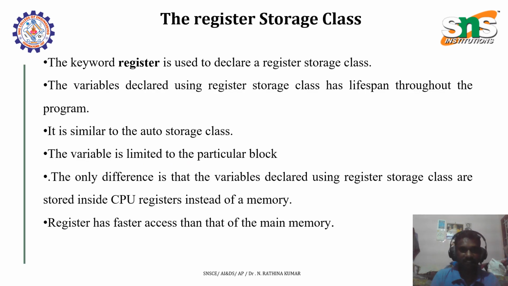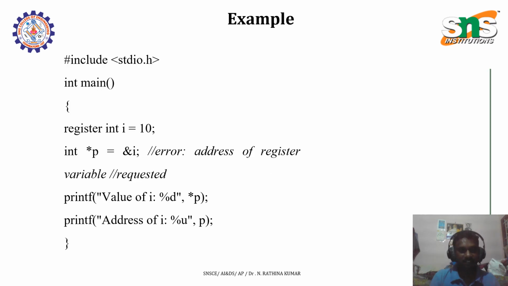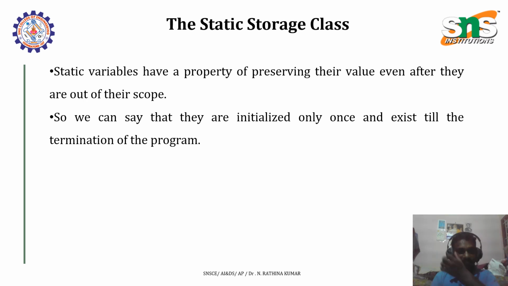The next one is the register storage class. The keyword used is register. It is used to declare a register storage class. These are example programs for that. I think the last one is the static storage class. Static variables have the property of preserving their value even after they are out of their scope.